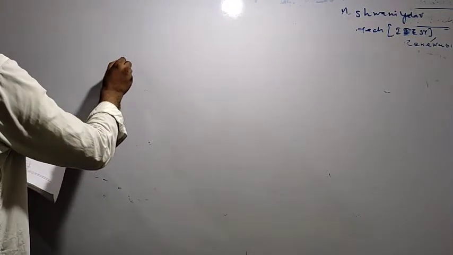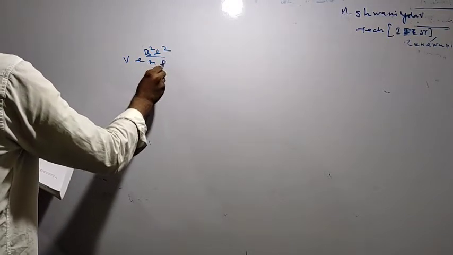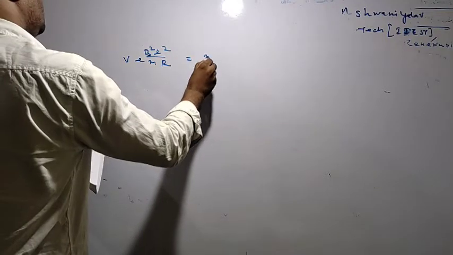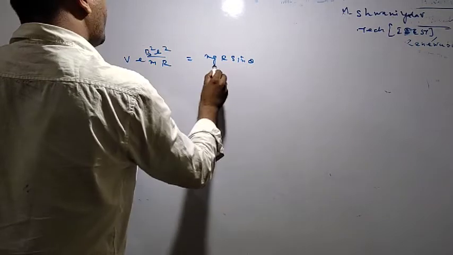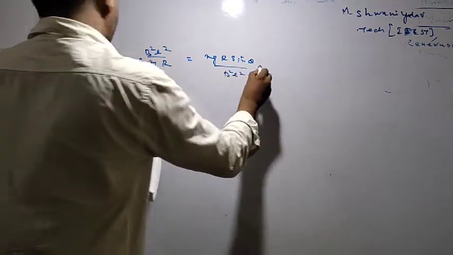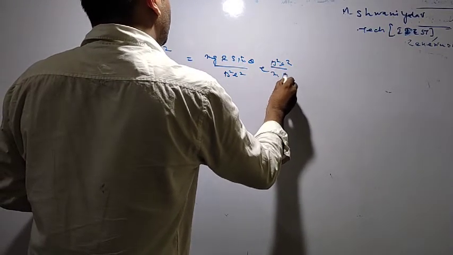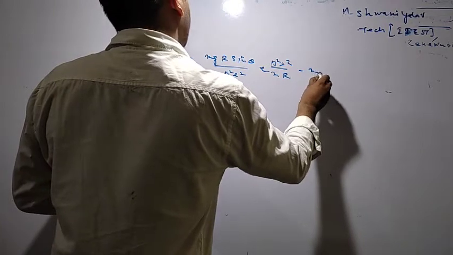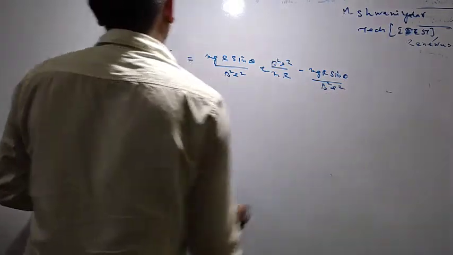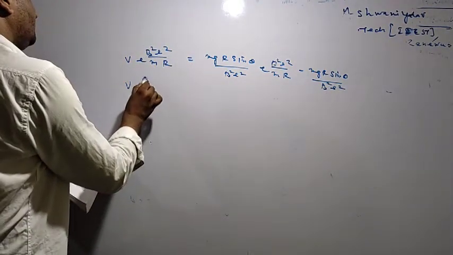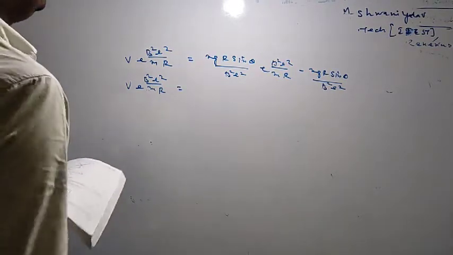So now we have v times e to the power B square L square t by mR equal to mgR sin theta over B square L square times e to the power B square L square t by mR minus mgR sin theta over B square L square.